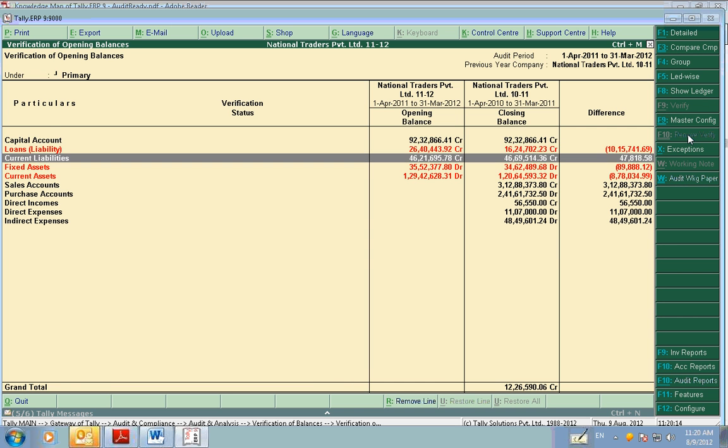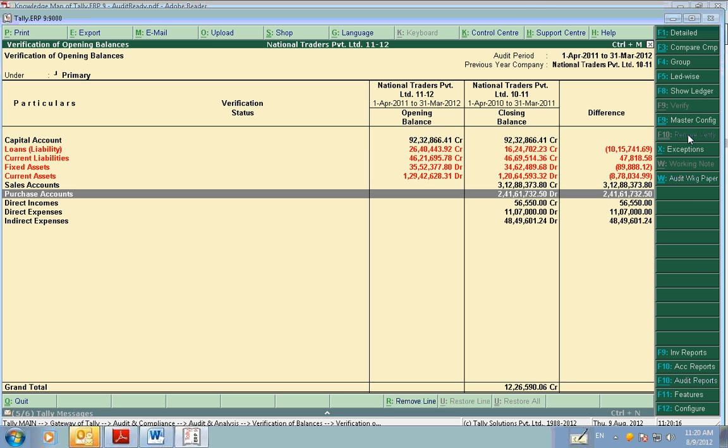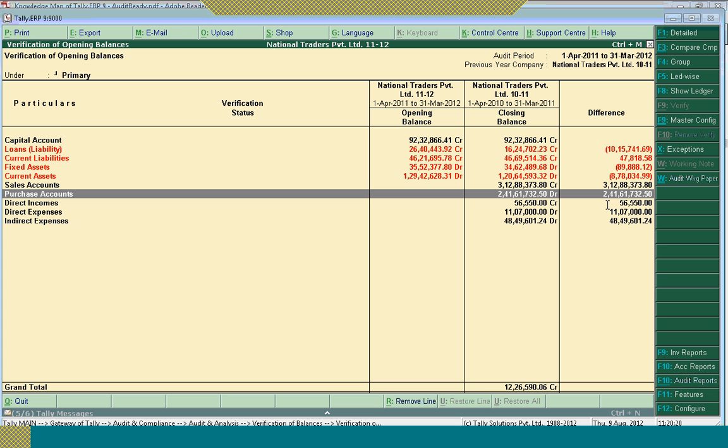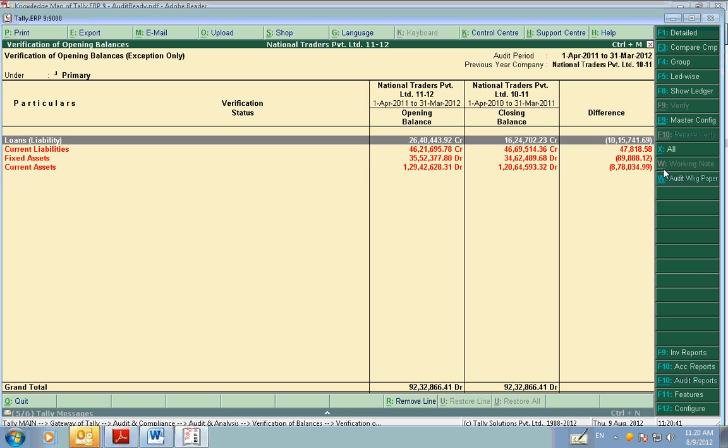If you see the first part, capital account, it is showing the correct balance, right? It has become the opening. Now if you check loans and liabilities, there is a difference, right? So this is how we can compare. If there are only transactions or ledgers used only in the current year, and I click on only the exceptions, it shows all in red color.